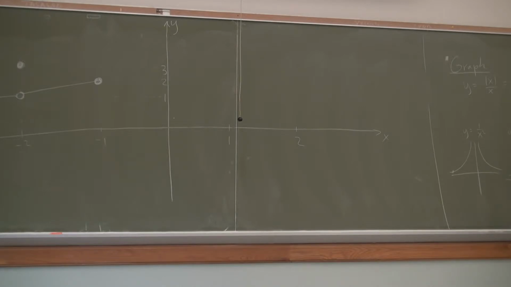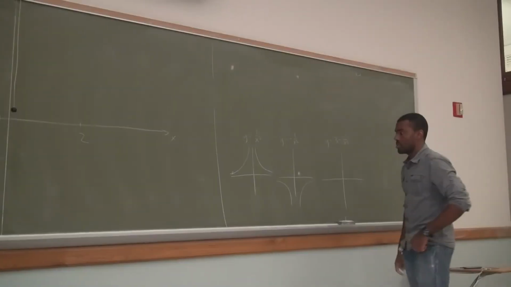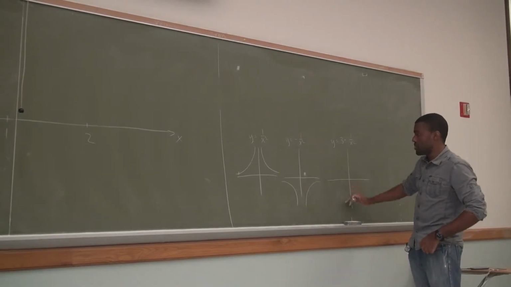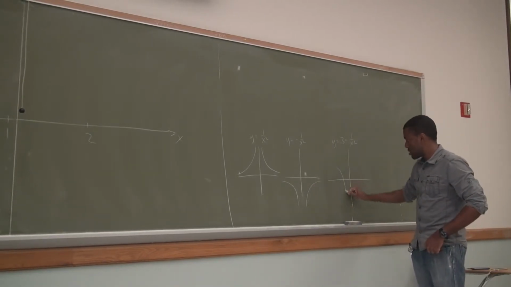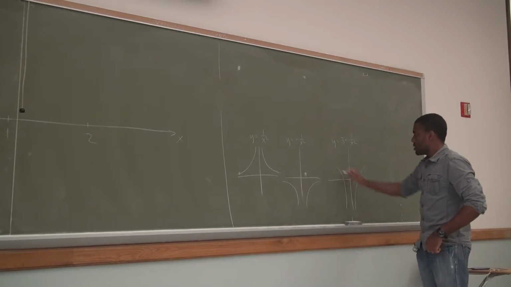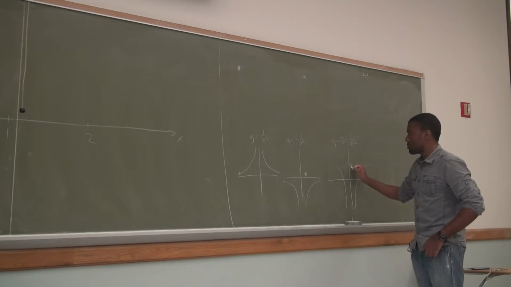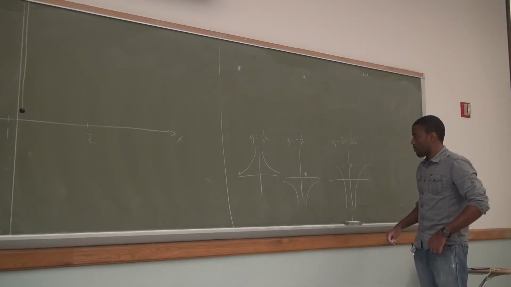Upside down. Now if I look at 3 minus 1 over x squared, what does that look like? The same thing, but it's shifted up 3. So here the level was at 0, so now it's at 3.